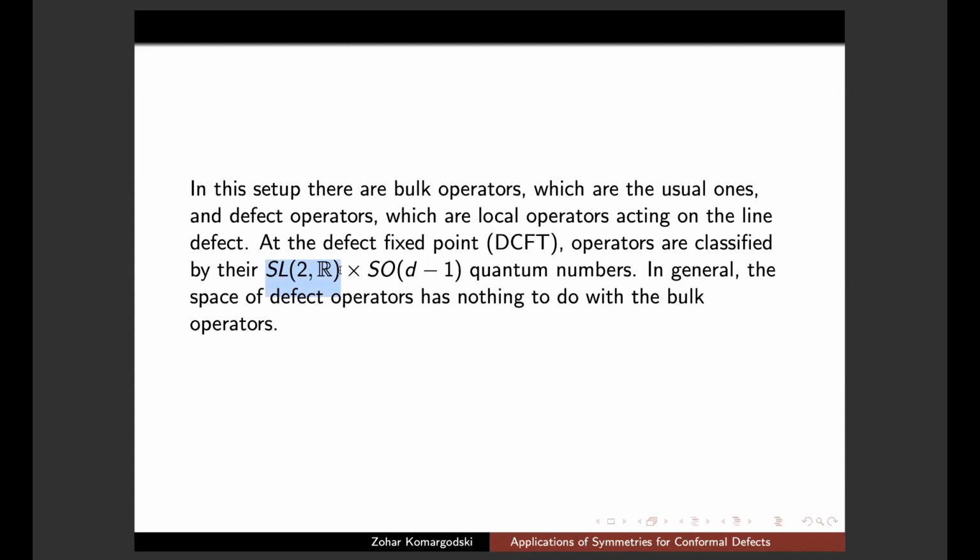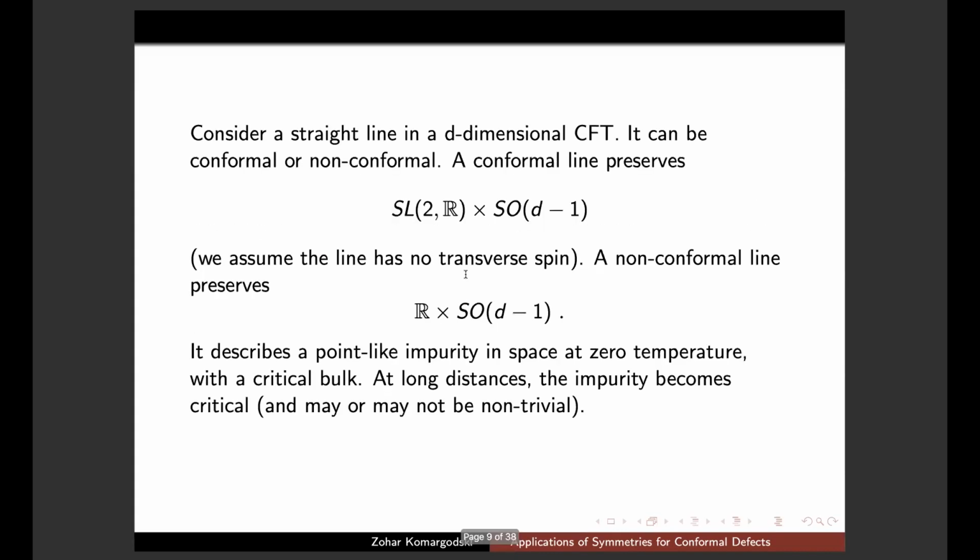Bulk operators away from the impurity are classified by the usual conformal group, but operators that sit at the impurity are classified by SL2R. So operators on the impurity have their own scaling dimensions, and they have their own operator product expansion coefficients, and they have their own transverse spin if this is a symmetry.